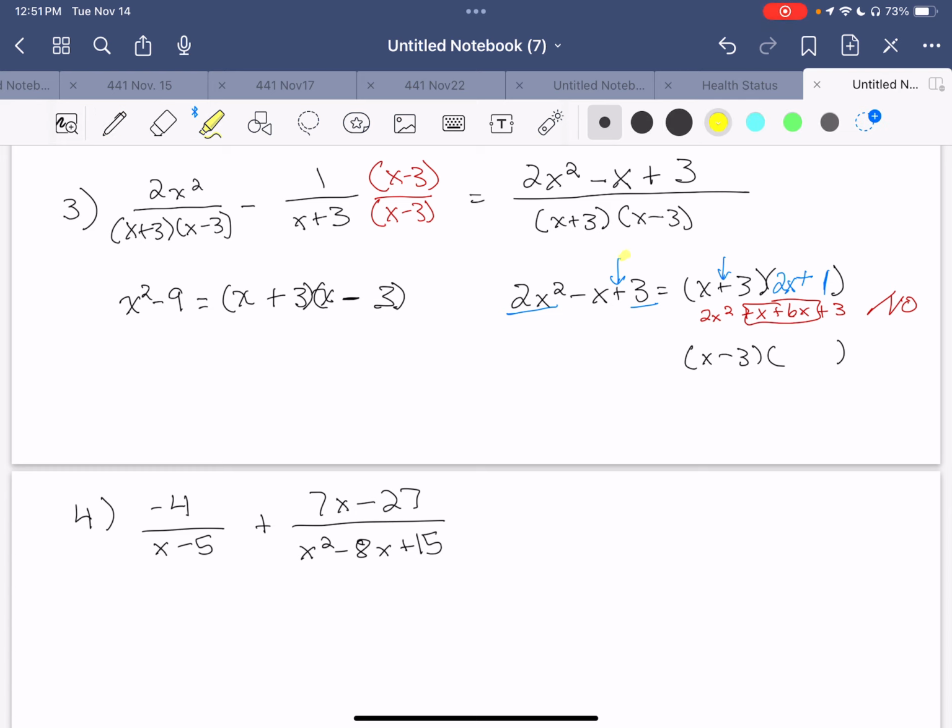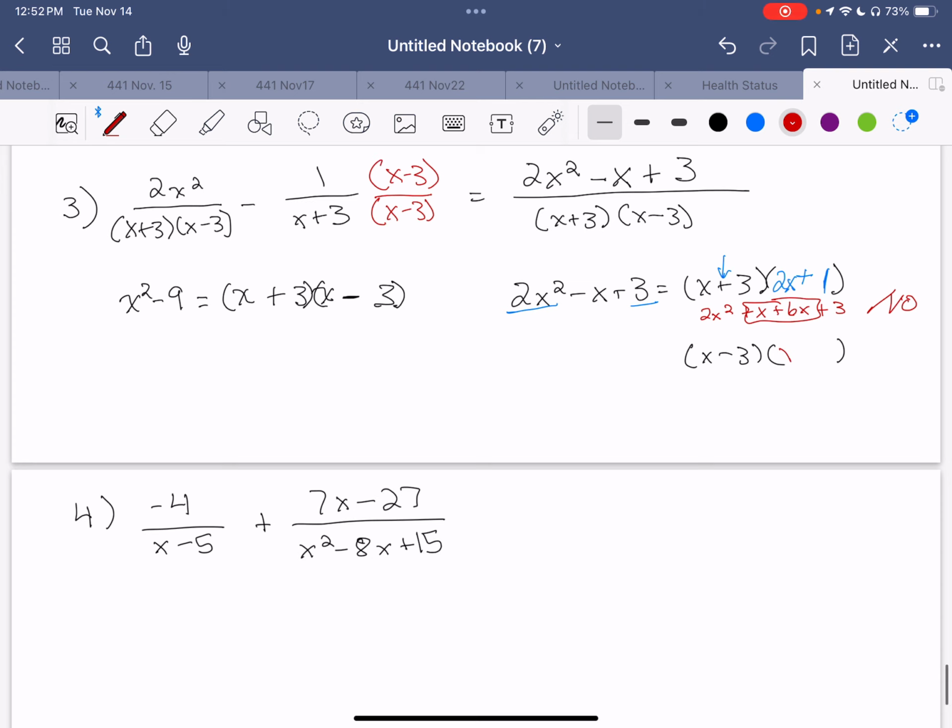So erasing that. Looking at x minus 3. So, I need a 2x, x times 2x. And negative 3 times, it would be negative 1.